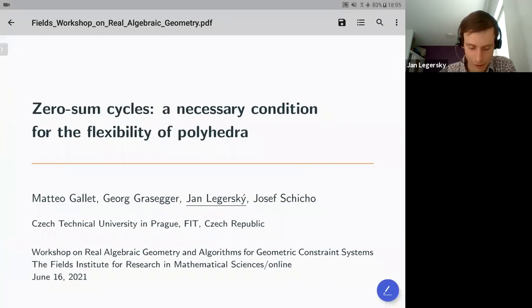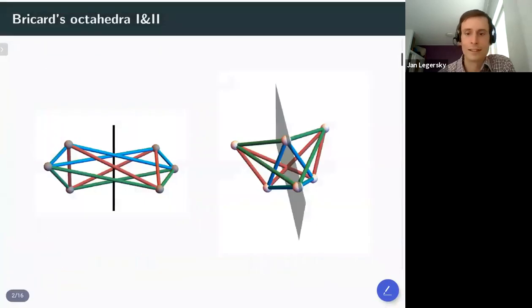So I have here again two pictures of the first two types, and what I would like to point out is that if we look at 4-cycles in this octahedron, the 4-cycles that have no diagonal, in both pictures they are indicated by the same color. We have this red 4-cycle, blue 4-cycle, and green 4-cycle.